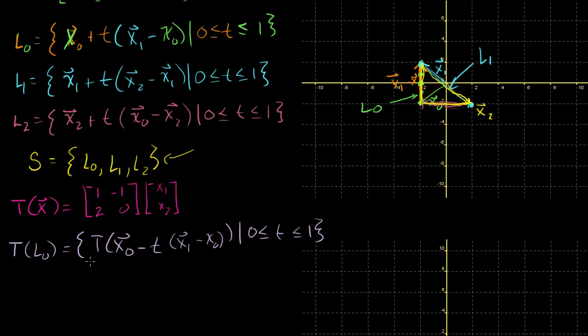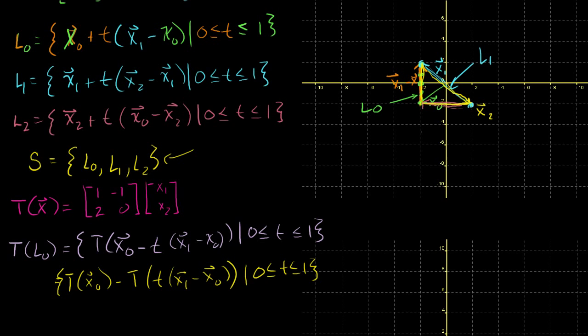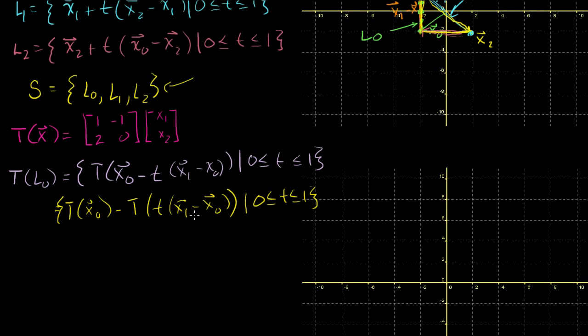Just by the properties of linear transformations, this is equal to the transformation of x naught minus the transformation of our scalar t times x1 minus x naught, for all t's between 0 and 1. And then what is this equal to?